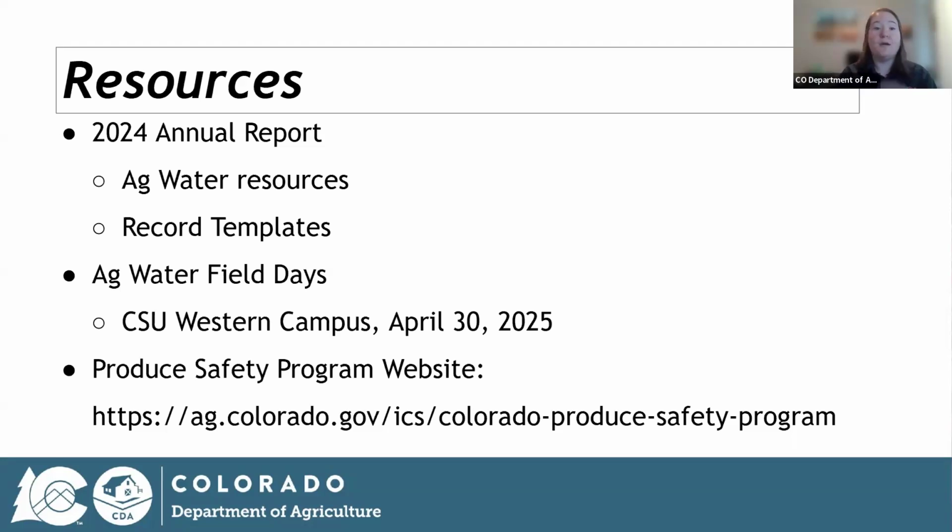Something that we are working on is we know with this part of the rule, not only with harvest and post harvest, but then also pre harvest, since it hasn't been enforceable for quite a while, that farms are going to have a lot of questions on it, what regulation looks like. So we thought that we would put on some ag water field days. We had one in the Rocky Ford area in about October, but we have one planned on April 30th over on the western slope.